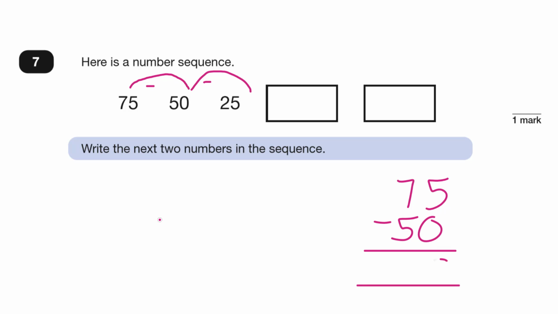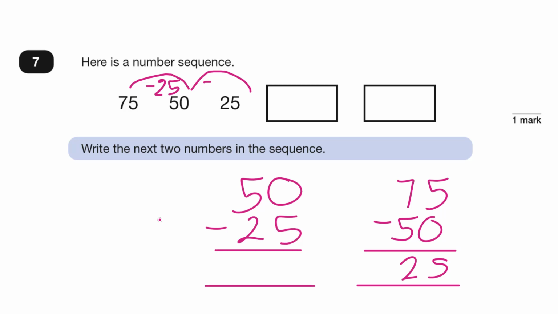So 5 take away 0 is 5, 7 take away 5 is 2. So that is subtract 25. And then just double check if the same applies for the next one. So we could do 50 take away 25, and check if there is a pattern. 10 take away 5 is 5, 4 take away 2 is 2. So we have found the pattern: it's take away 25.